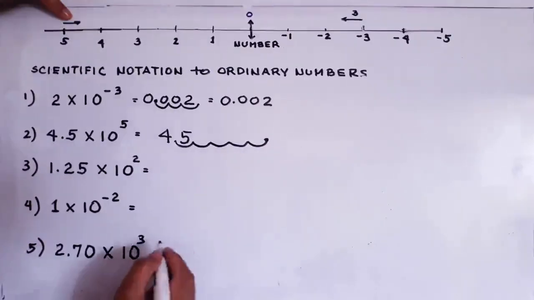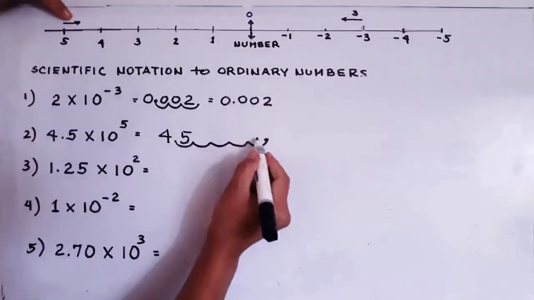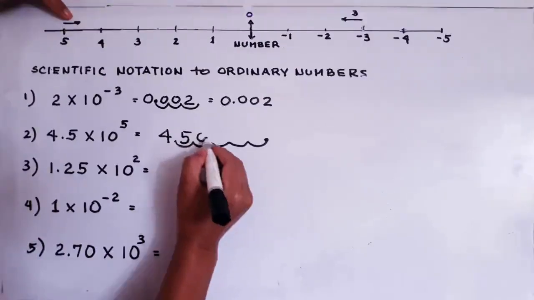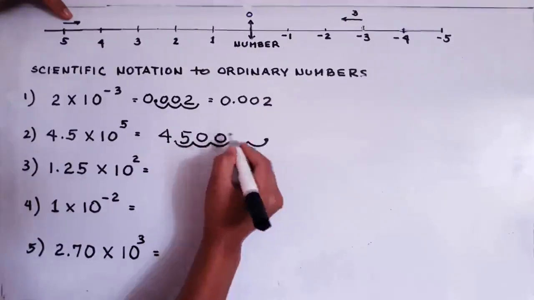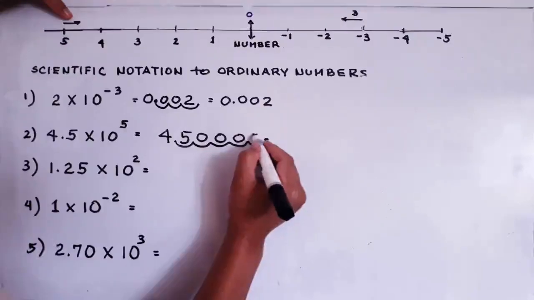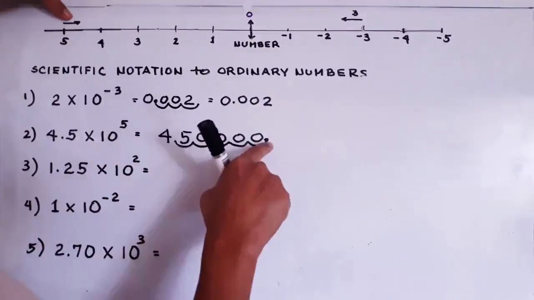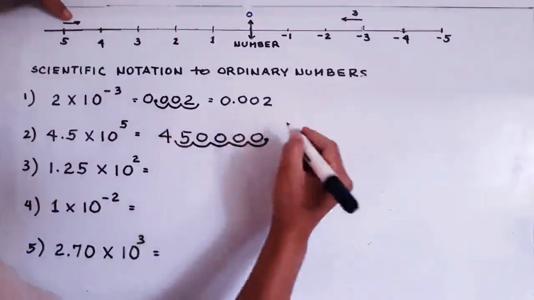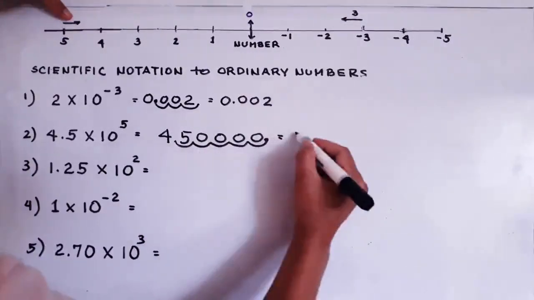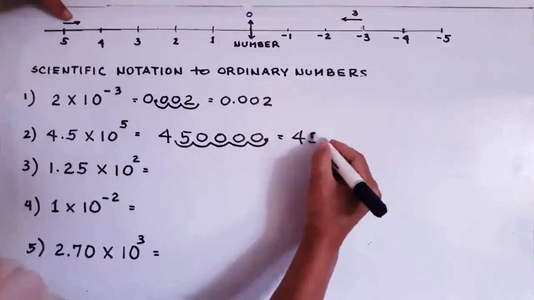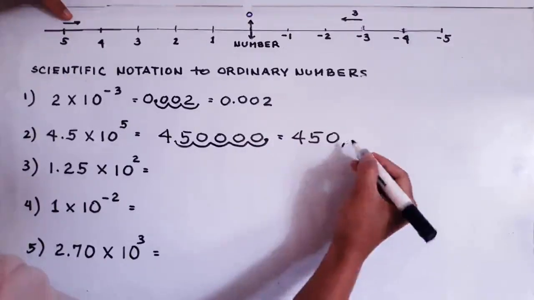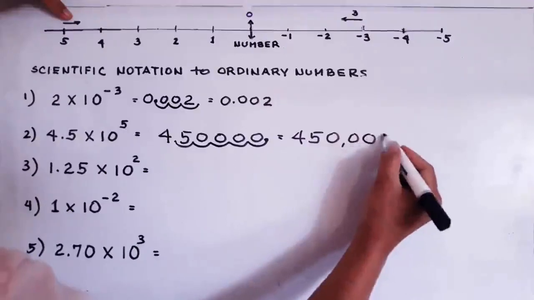Then what about these blanks here? You place the zeros, here and here. So the decimal point is now there. So we have 450,000.